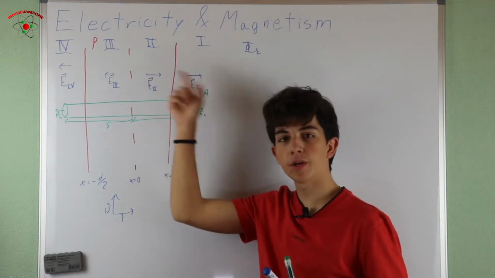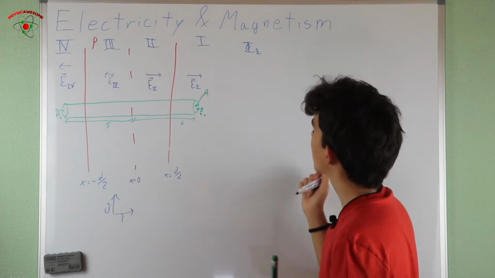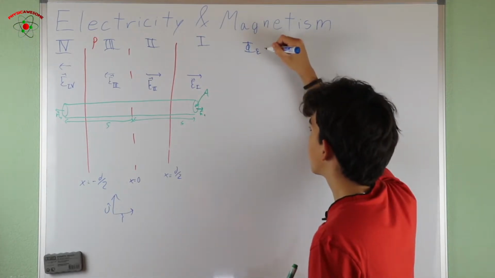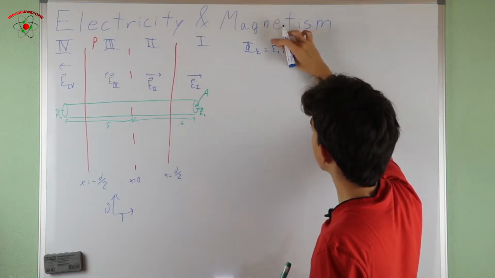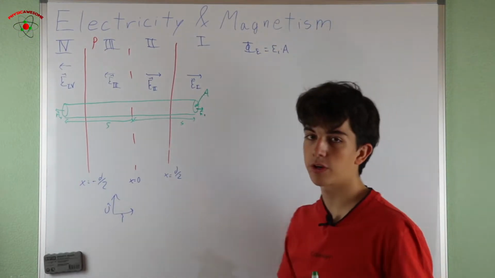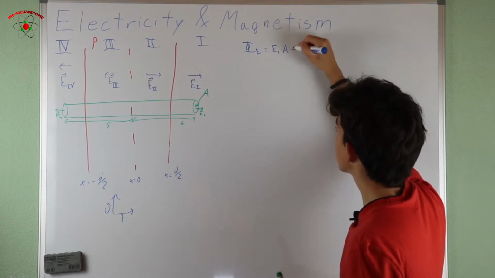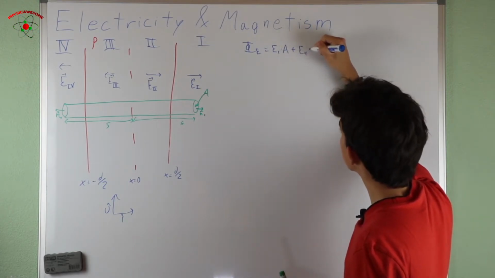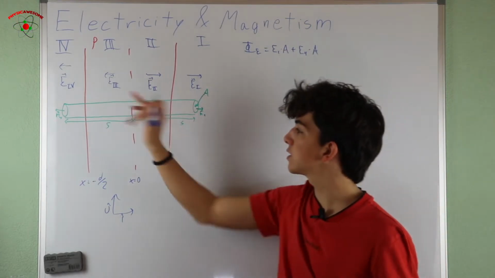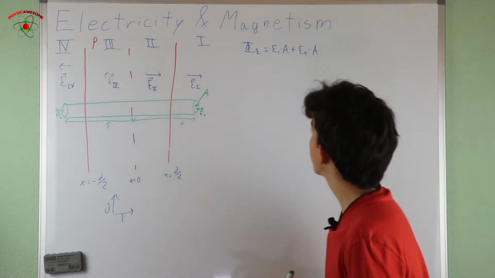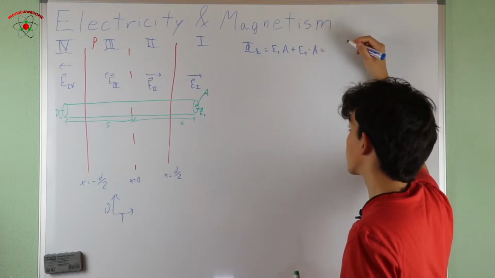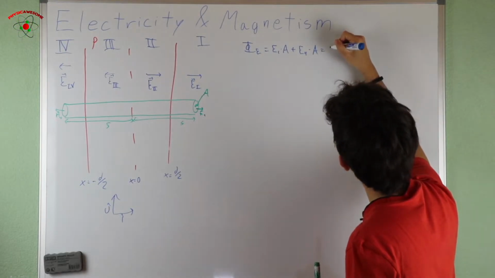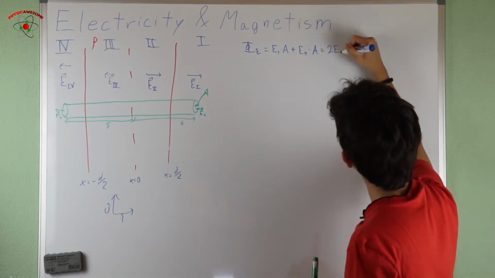We see both of them add, not subtract, the flux, and we have E1 times the area, and as it is the flux, it's not a vectorial quantity anymore, plus E4 times the area. And as it is a symmetric situation, we know that both of these are exactly the same as we are considering magnitude, so we have 2E times the area.